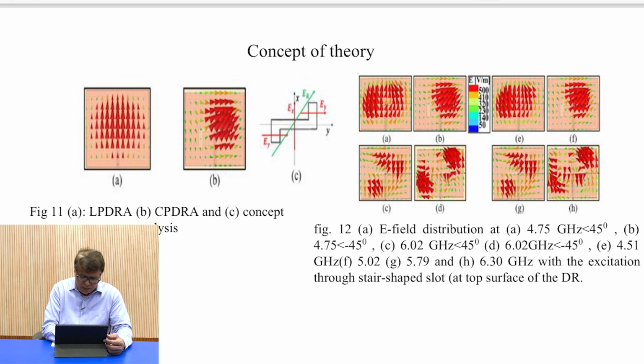Now, in place of that DR material, we have introduced air and the air permittivity is 1.